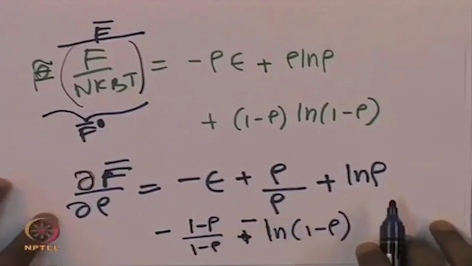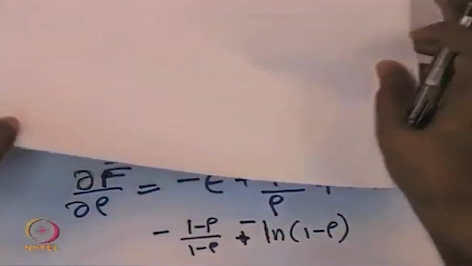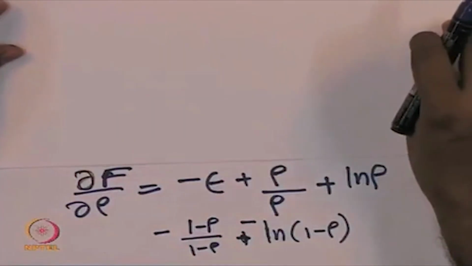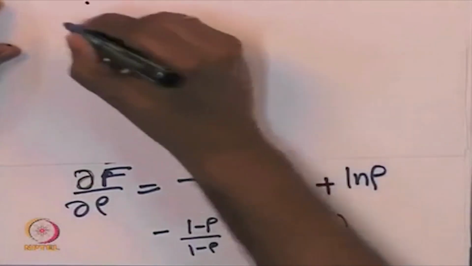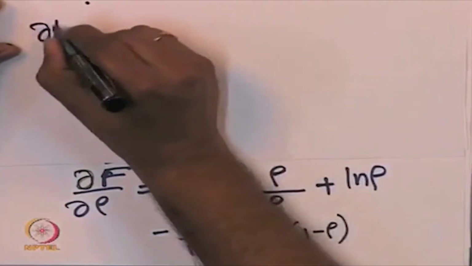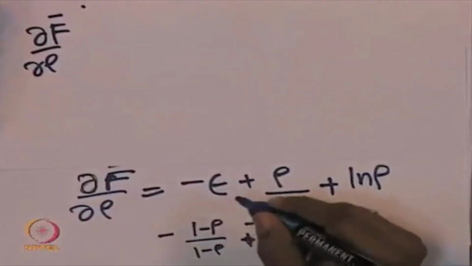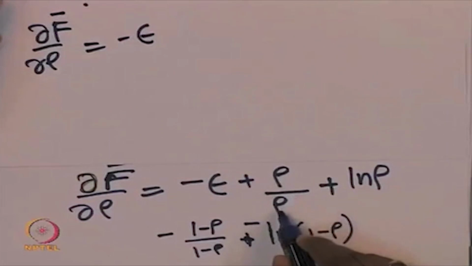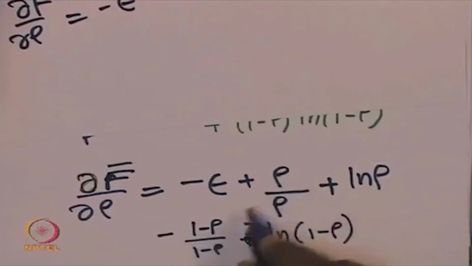So, what is this? If you calculate this, what you will get is that del f bar by del rho here is minus epsilon, and rho by rho is 1, and 1 minus rho by 1 minus rho is also 1, with an opposite sign.